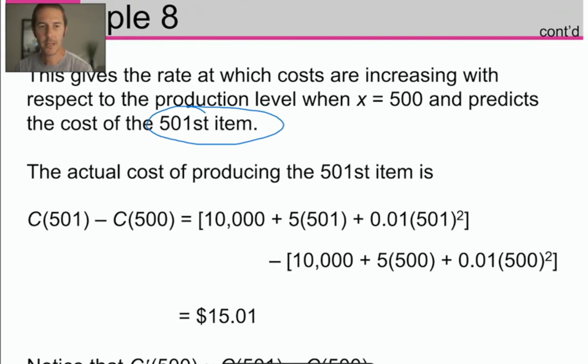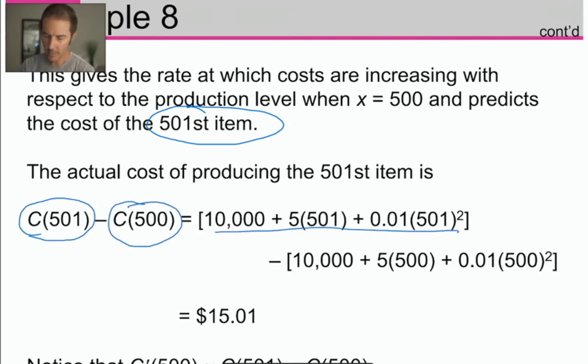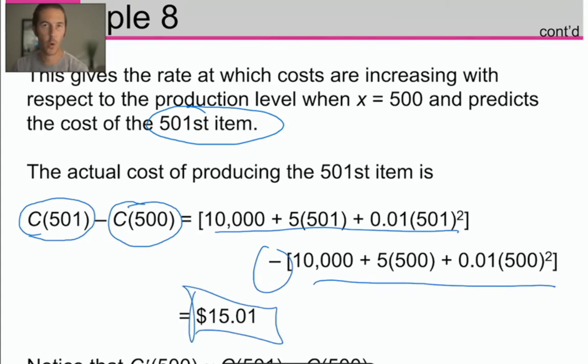Now, the actual cost of producing the 501st item, if we found it not by using the first derivative, not by plugging 500 into the marginal cost function, C prime, which we just did and got 15.00. If we just put 501 into our cost function and 500 into our cost function, calculate, do the subtraction, we end up getting $15.01.